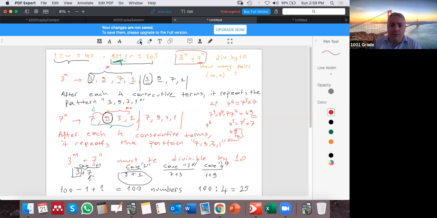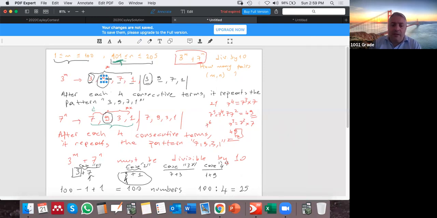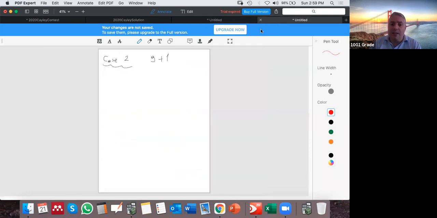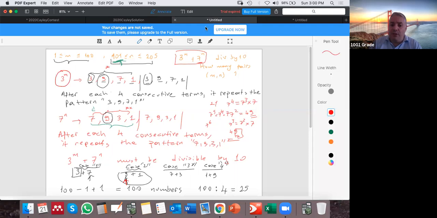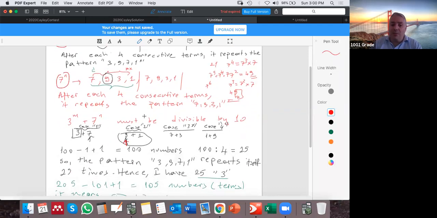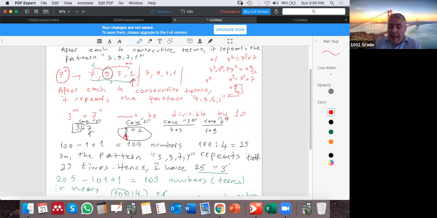Can I annotate for 1 minute? Yeah, by using the 3 to n, I should get 9. This is my case. So how many 9s do I have? 25. So I am writing here 25 9s I have. So how many 1s do I have in order to get the 10? The 1 will come out from 7 to n. From 7 to n, how many 1s do I have?